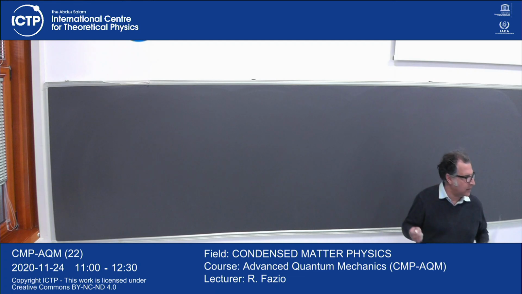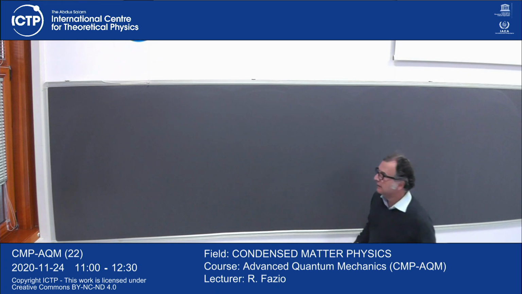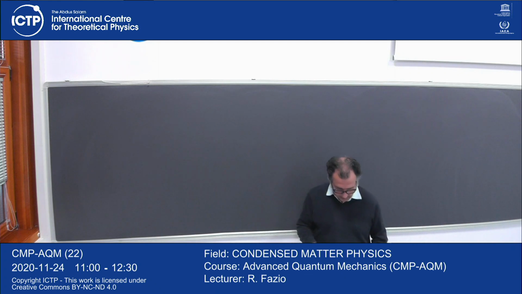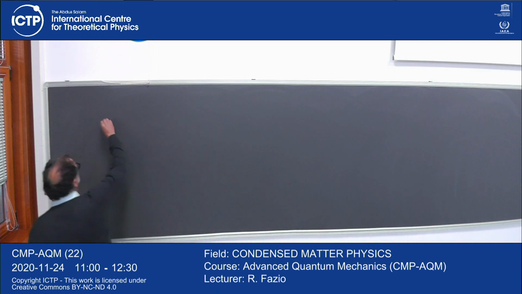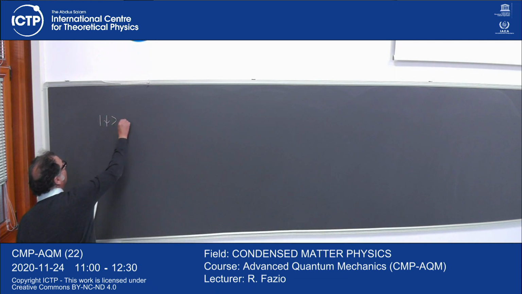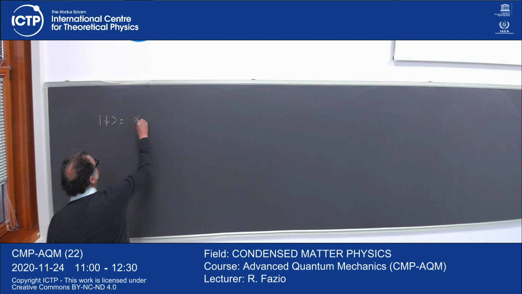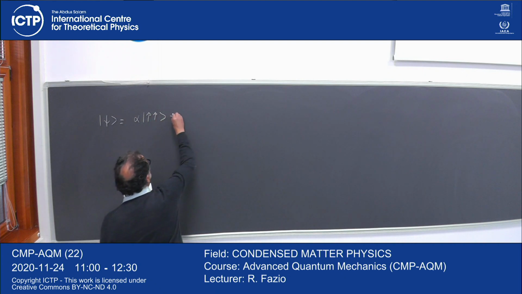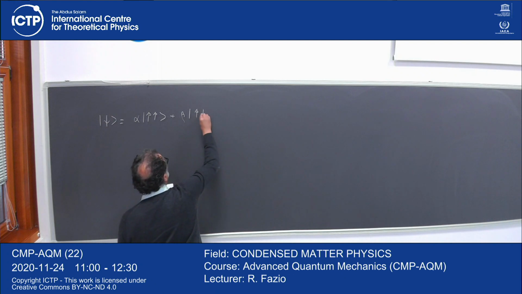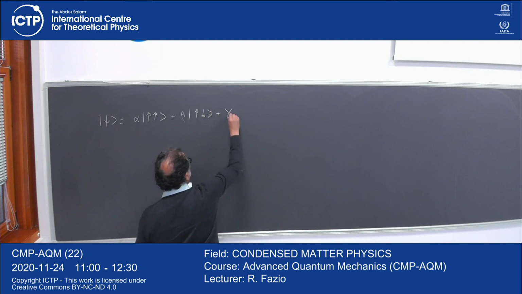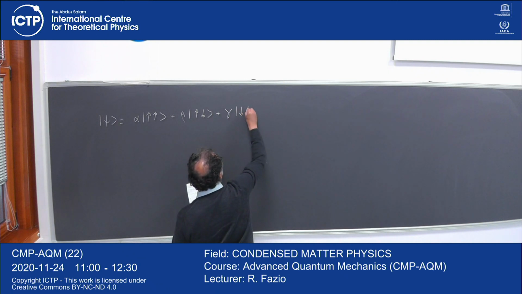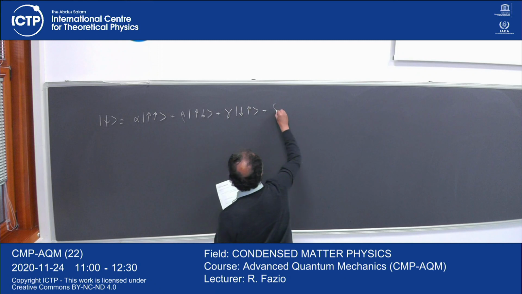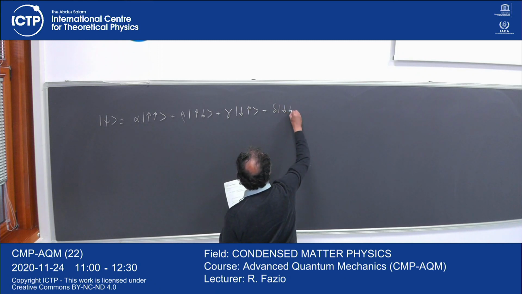Of yesterday, which I went too fast, so I think it was a bit unclear. So the question is the following. You just take the state psi of two spins, which is alpha up up, plus beta up down, plus gamma down up, plus delta down down.